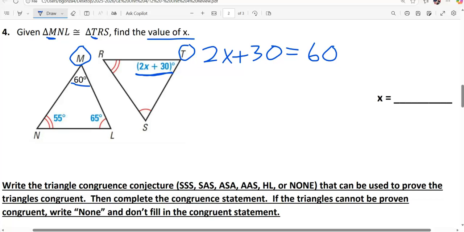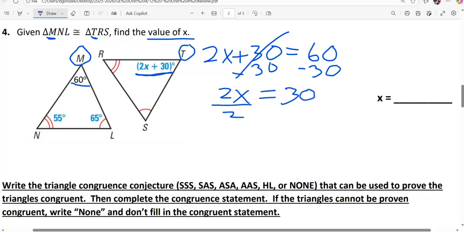And then I'm going to do what? Get rid of the loner. Minus 30. Minus 30. 2x equals 60 minus 30 is 30. And divide by 2, x equals 15. Okay, so you set it equal to what it's equal on the other one and solve.